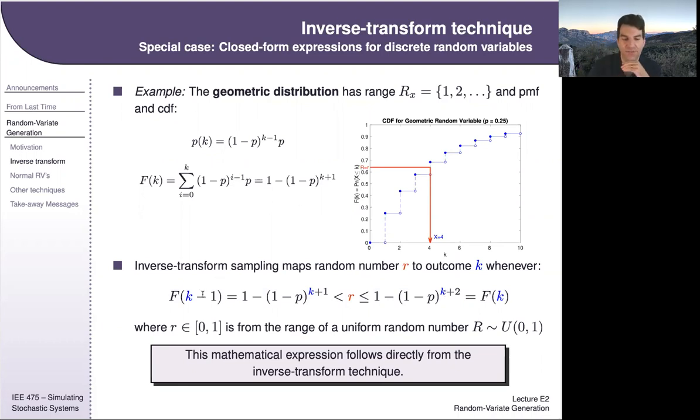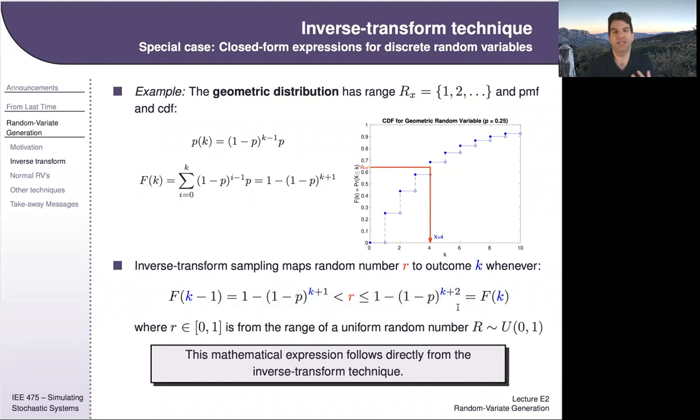And so that's all that I'm showing here, is that this here is the cumulative distribution function for some hypothetical outcome K. And this is the cumulative distribution function for the outcome that is the next up from K. And so this double inequality I can solve, and I will get a function that maps from any R value between 0 and 1 to a particular K value that meets this condition.